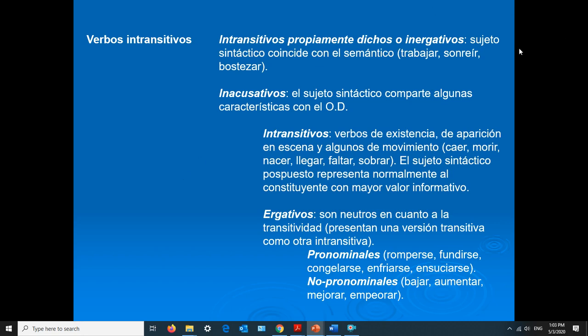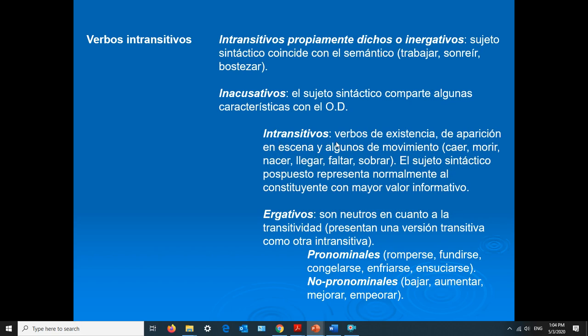And there the syntactic subject coincides with the semantic subject. Therefore, what we're speaking of here is the existence of an agent, right? Remember that semantic subject is to be equated with agent. And unaccusative intransitive verbs in which the syntactic subject shares some of the features of the direct object, in particular its post-verbal position, right?